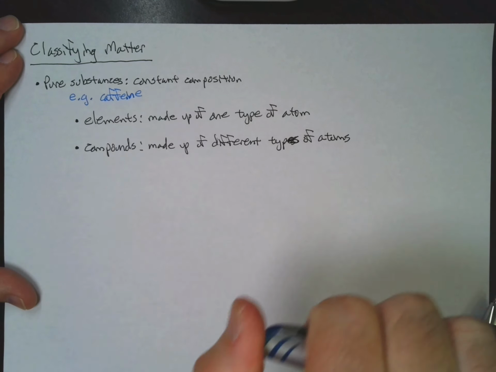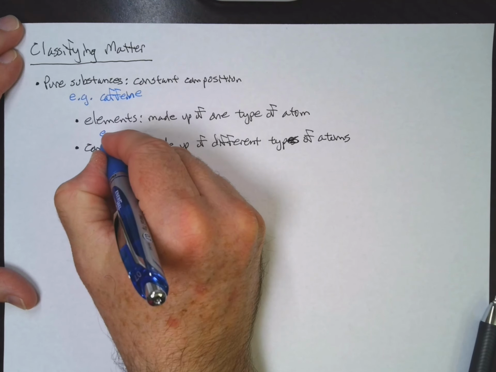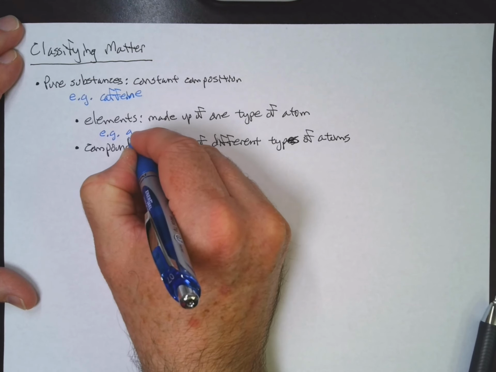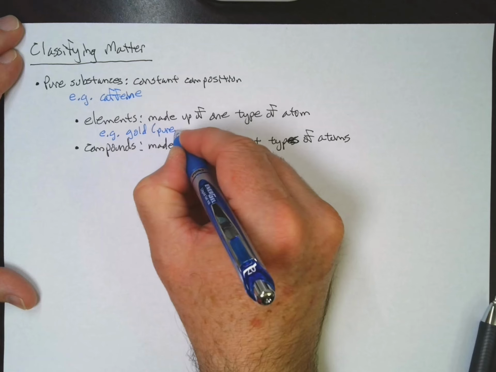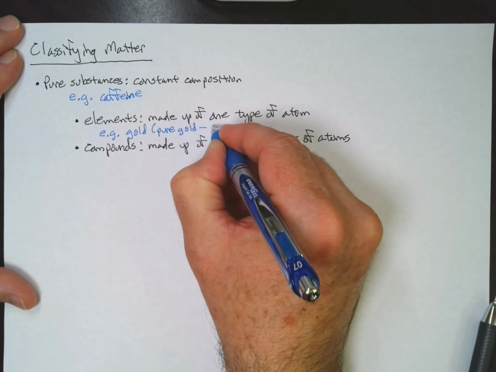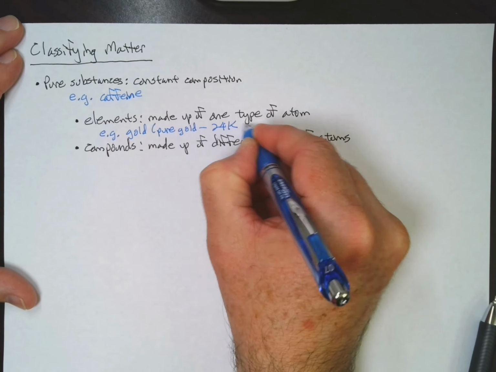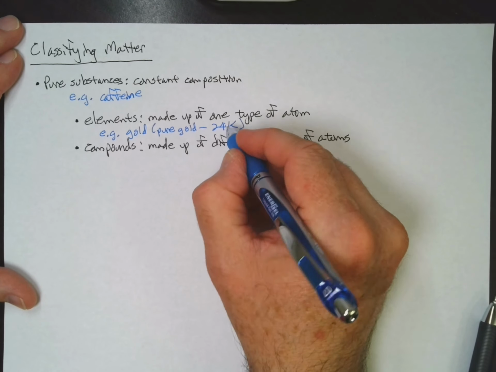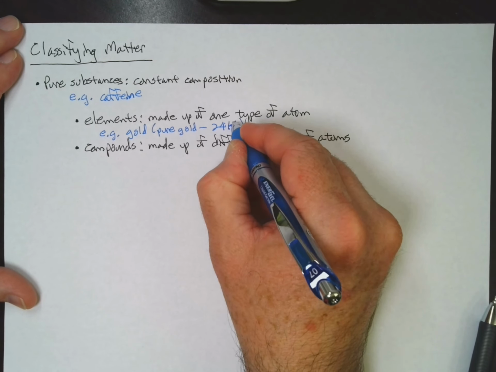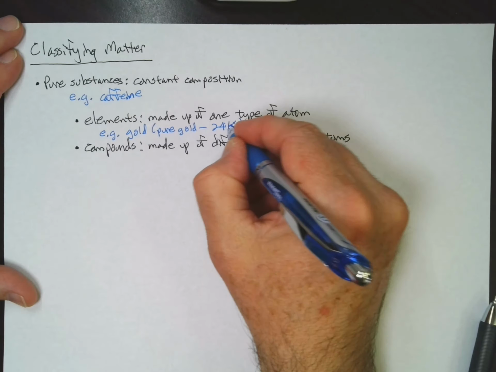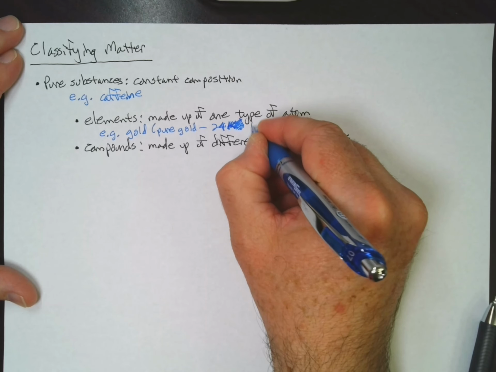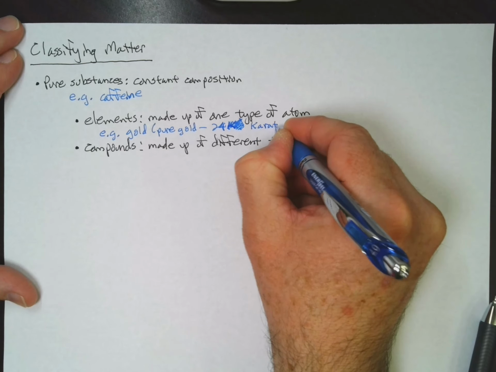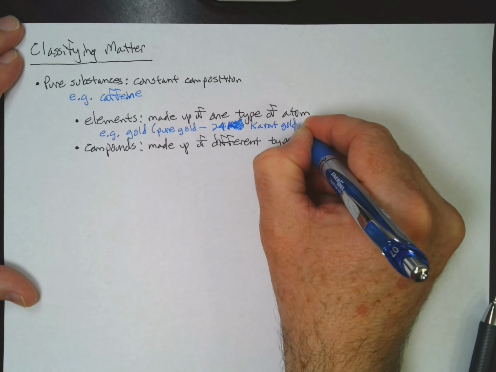So for example, an element might be something like gold. And we'll say pure gold. That is 24 karat gold. Here the K means karat. Let me write that out actually. 24 karat, K-A-R-A-T, gold.